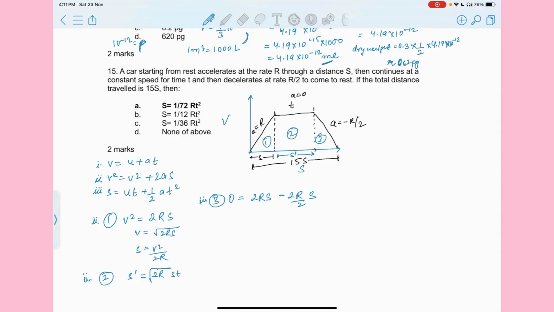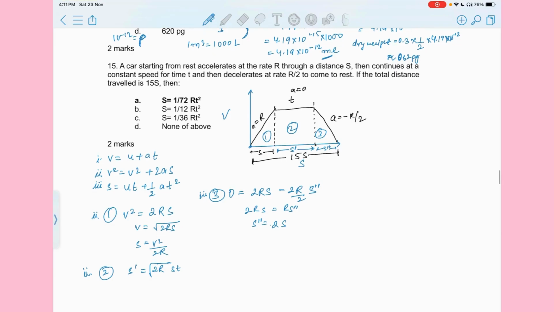From this, 2rs is equal to r upon s dash, and let's say it to be s double dash for this distance. S double dash will be equal to 2s.